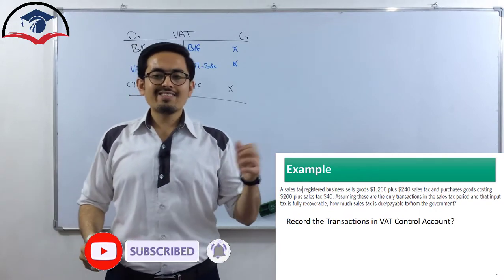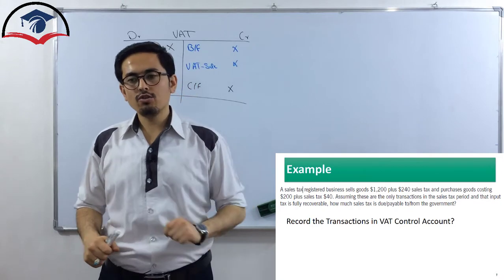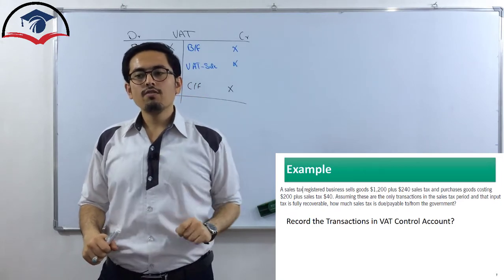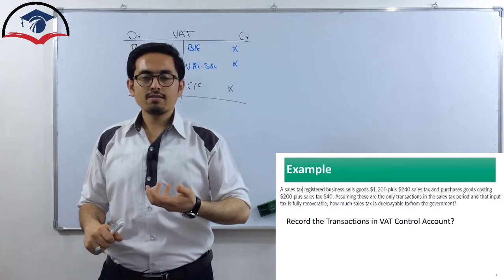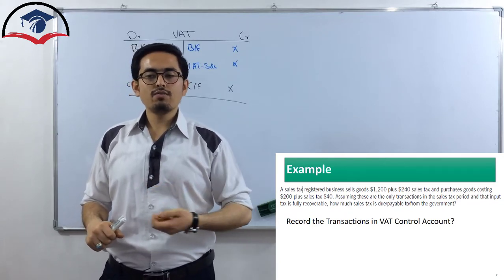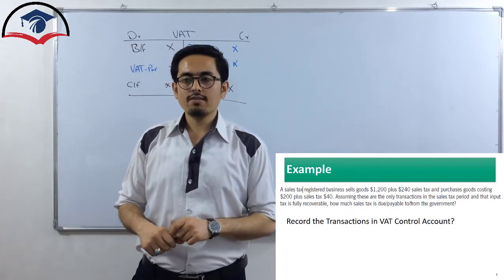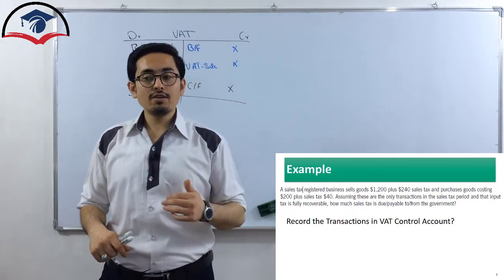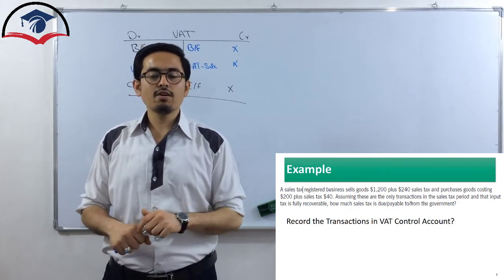Suppose a sales tax registered business sells goods for $1,200 plus $240 sales tax. The net price of the sales was $1,200. There will be $240 sales tax, and he purchases goods costing $200 plus sales tax of $40.